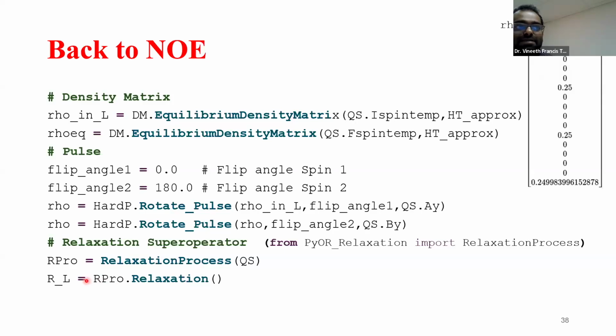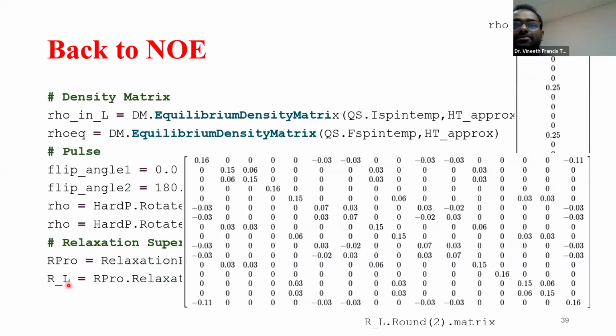But in Liouville space, you can create the relaxation superoperator. For that, you call the class relaxation process. And you can use the function relaxation, and you will get a quantum object, which will be the relaxation superoperator, which you can visualize by dot matrix. So this is the relaxation superoperator.